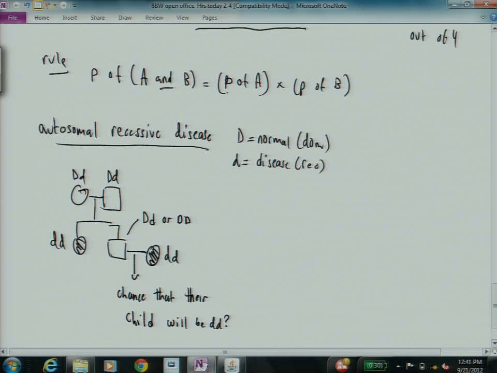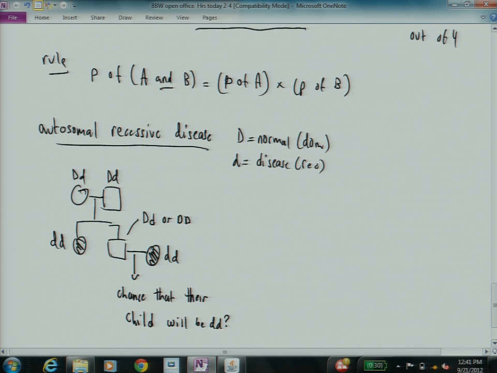So we have parents, grandparents, who are carriers. The aunt is definitely affected, and the wife is affected, right? What's the chance that that couple will have an affected child?